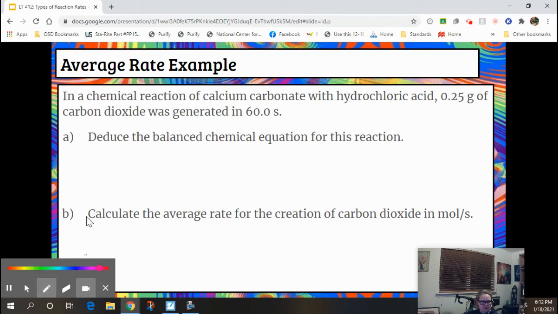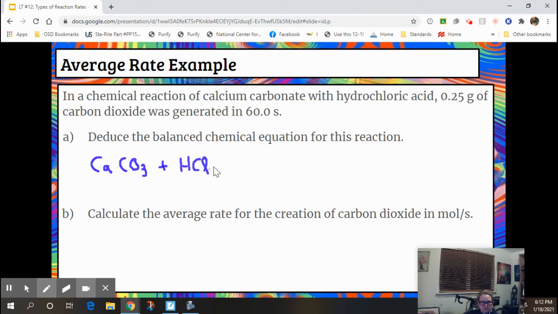So I got my calcium carbonate, which is going to be CaCO3. And I'm going to add to that some hydrochloric acid. And it's going to be a double replacement reaction.